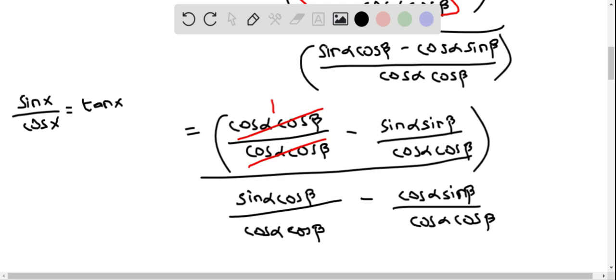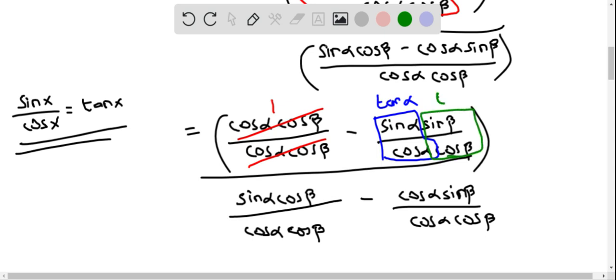So now we see that we have sine alpha by cosine alpha. This equals tan alpha. And similarly, sine beta over cosine beta is written as tangent beta.